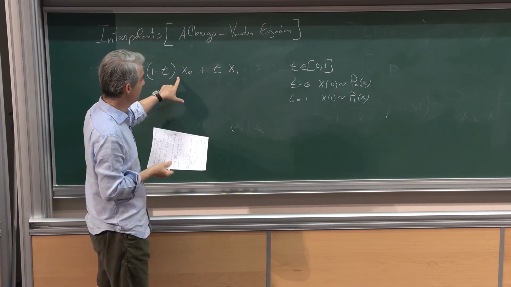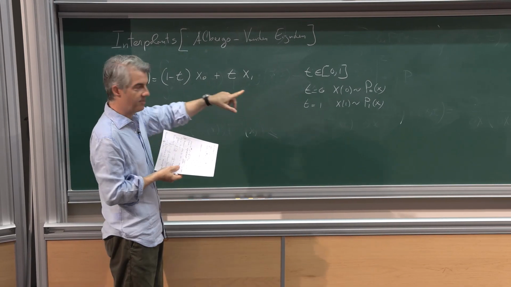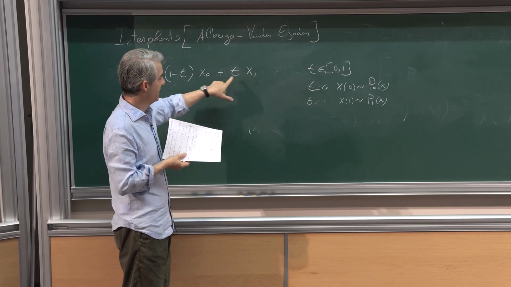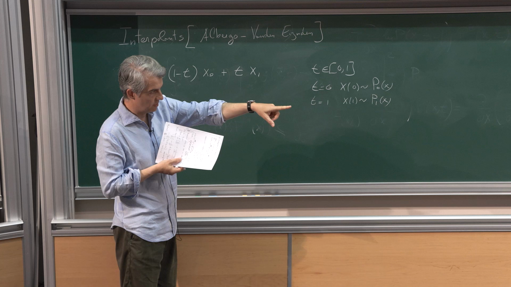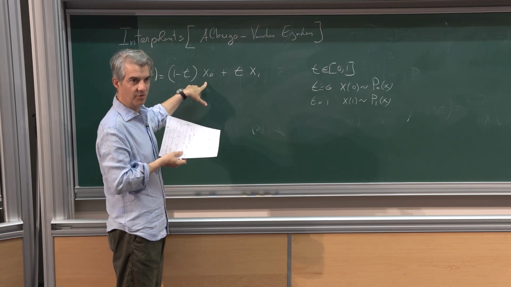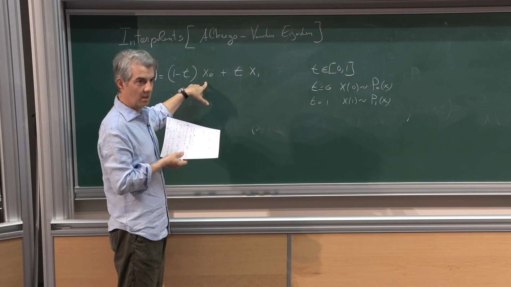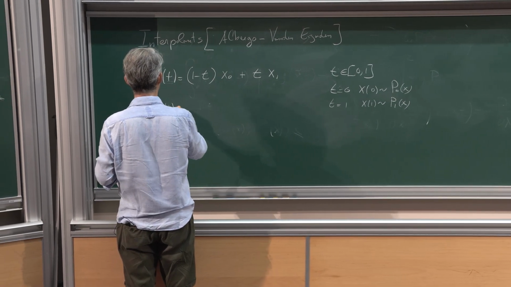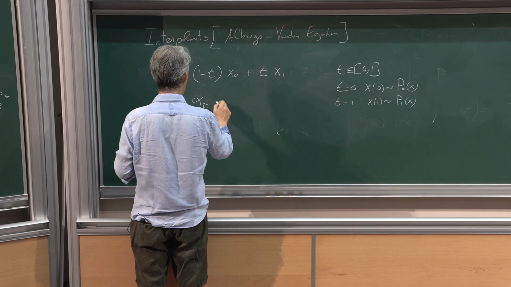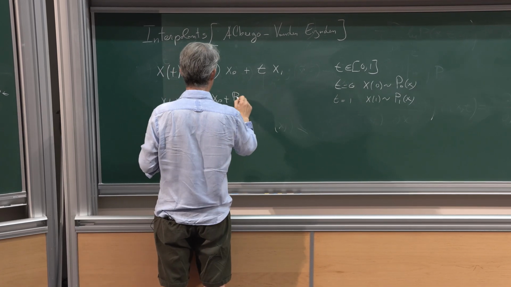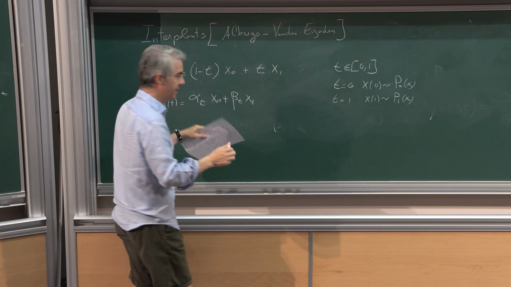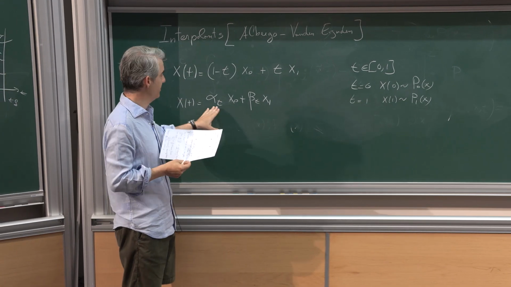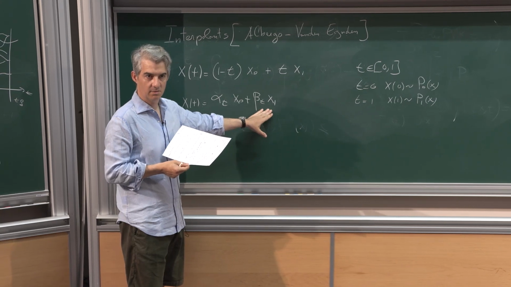Now you see, you can reparameterize time. If I use x1 as a Gaussian, what I wrote there can be transformed. Actually, you can do it even more generally. Let's say x of t you can write as alpha t x0 plus beta t x1, and then you play with alpha t and beta t in such a way that you transform the measure from the initial one to the final one.